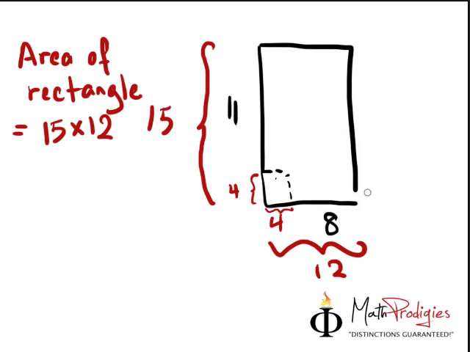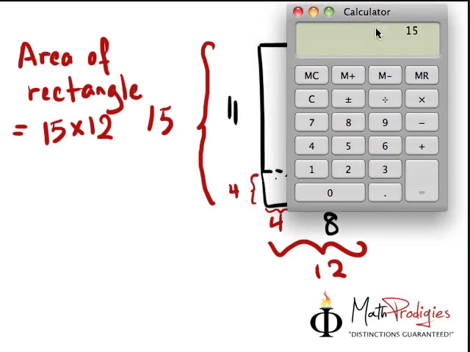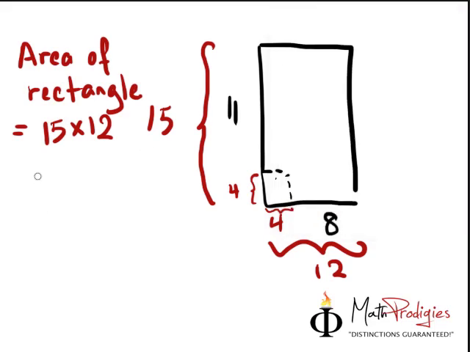Taking out our calculator, 15 times 12 equals 180 meters squared. If you got that, high five, you are a math prodigy. Good job. The area of the rectangle is 180 meters squared.